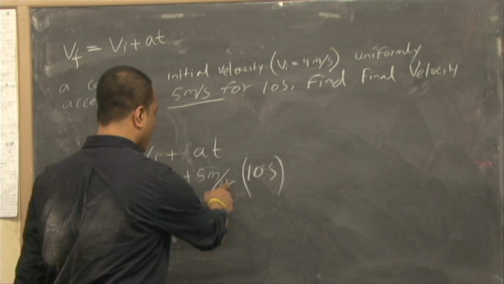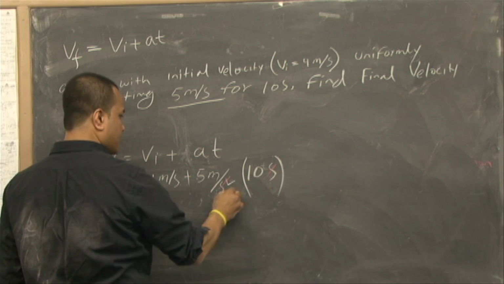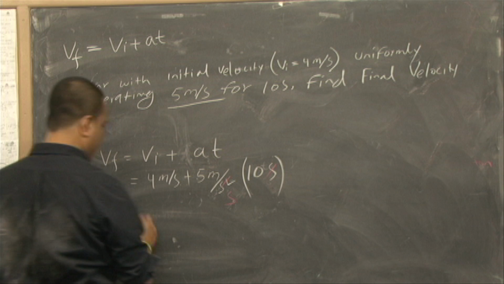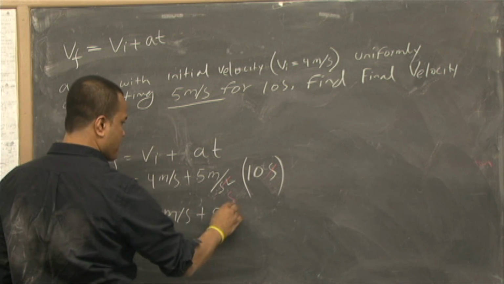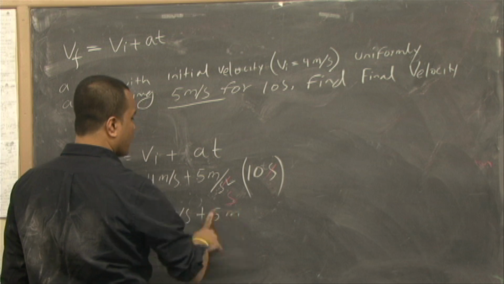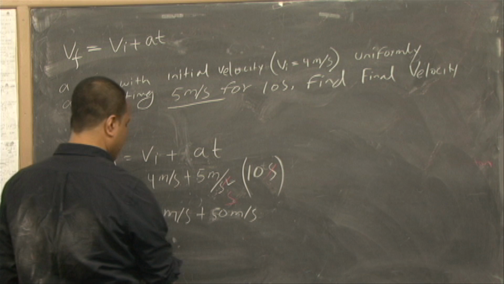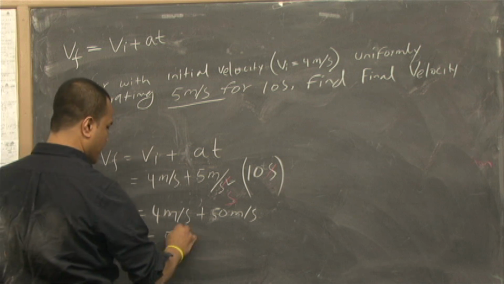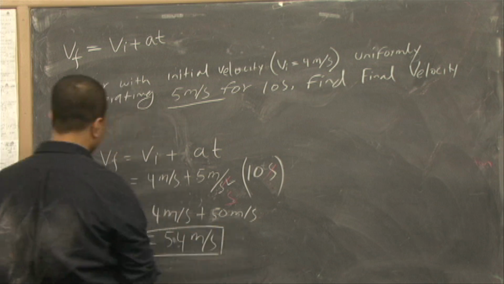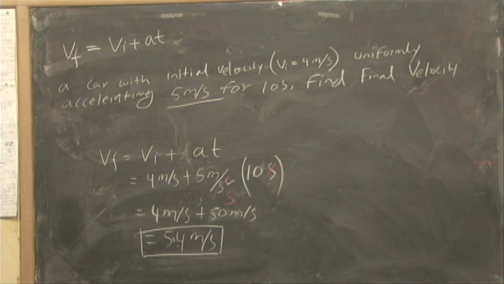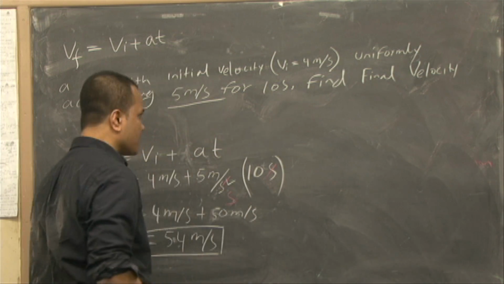That's why we have second squared here. So the seconds cancel, and we're left with 4 meters per second plus 5 times 10, which is 50 meters per second, which is 54 meters per second. So the car's final velocity was 54 meters per second. All right, so we finish with this one.